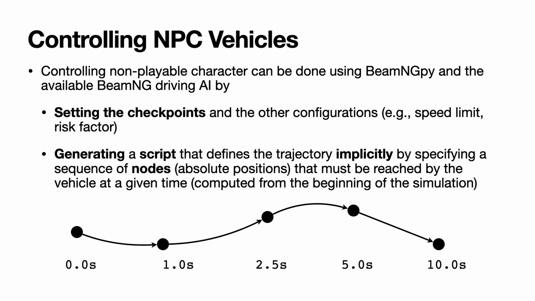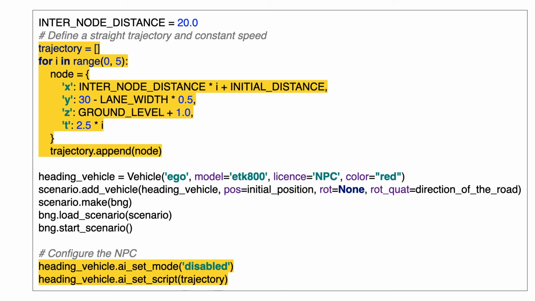Then after 1 second, it must reach this other node. After 2.5 seconds, the next node, and so forth. And because the nodes are displaced, the car will turn left and right. So this is how it looks.